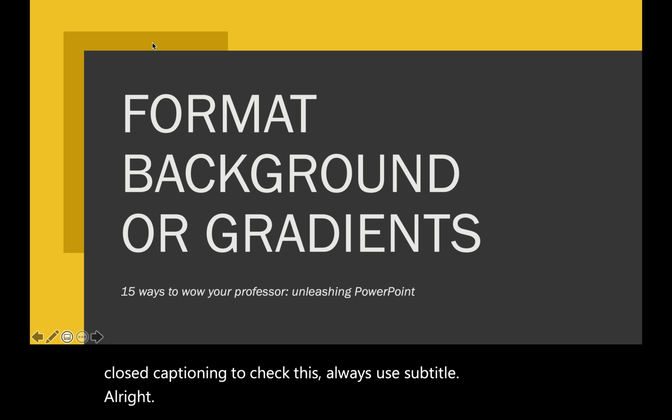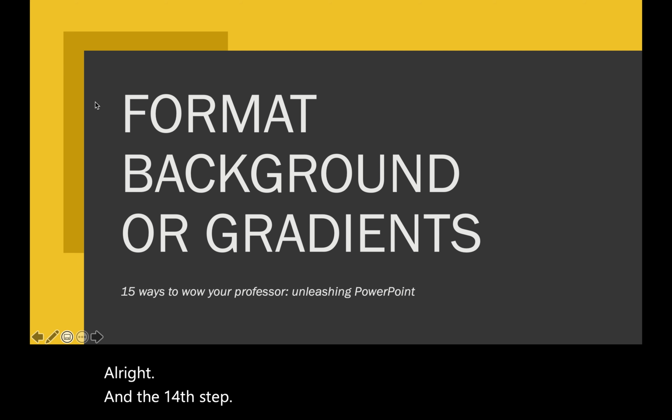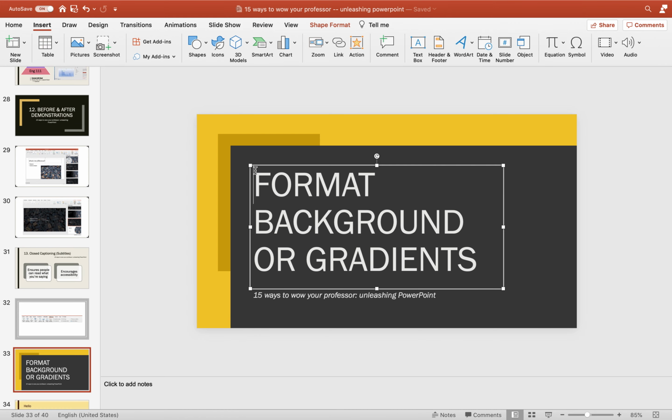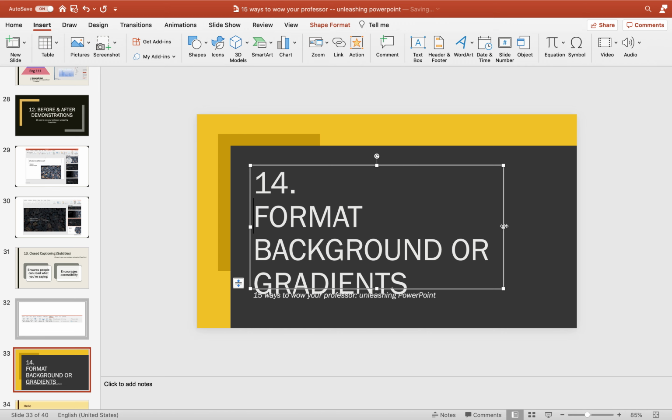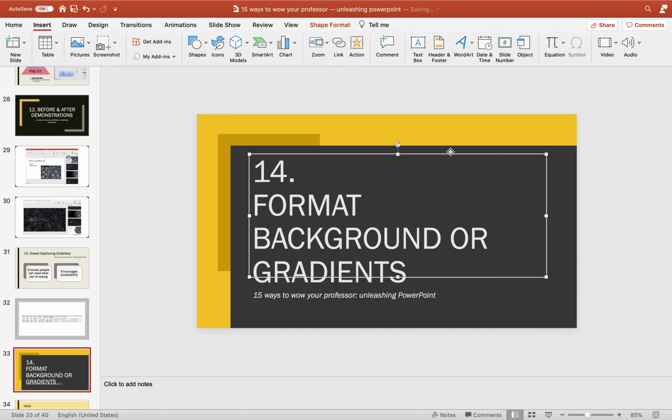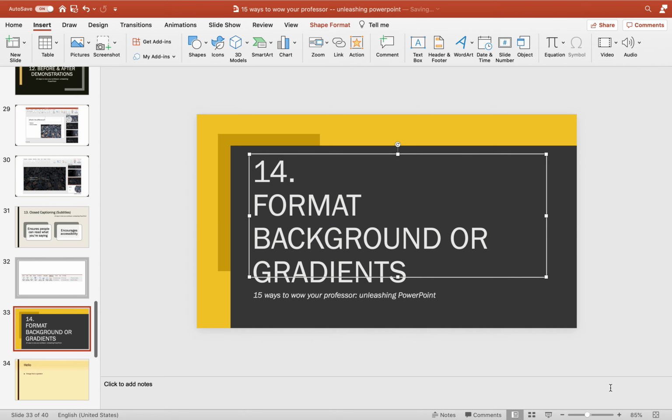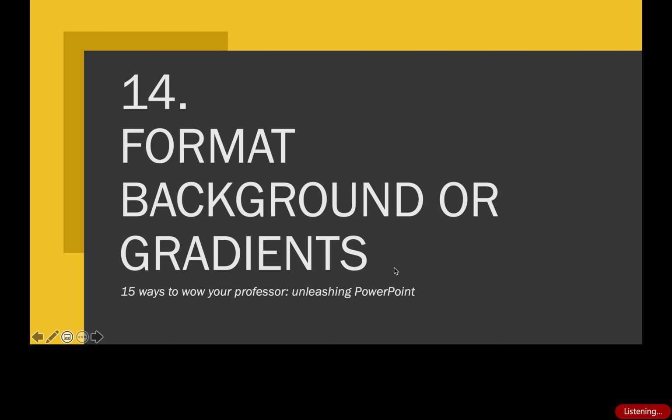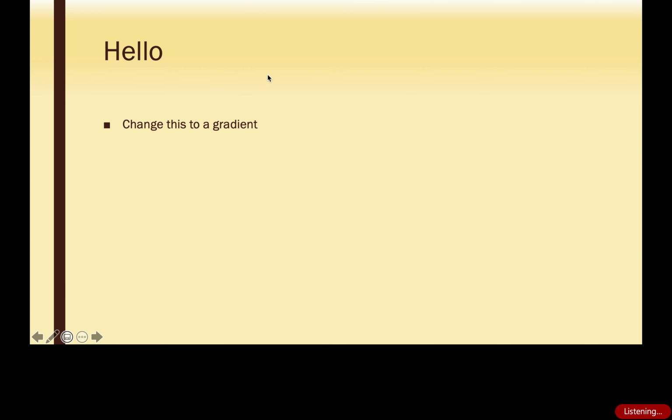In the 14th step, this should have a little 14 over here. Why don't I include that now? Step 14 is to format backgrounds or gradients. Let me move that there. So this is a gradient.